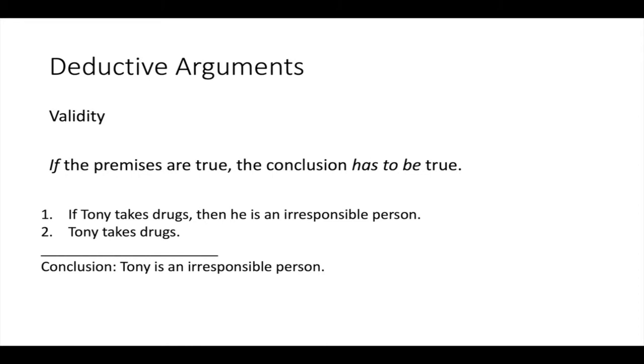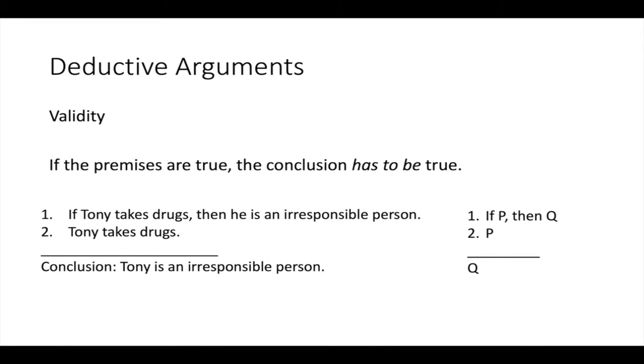That's another way of saying that if the premises are true, the conclusion has to be true. It's guaranteed. Okay, so validity is about the structure of an argument. It does not matter what the premises actually say. We can tell whether an argument is valid just by considering how it's structured and ignoring what it actually asserts.